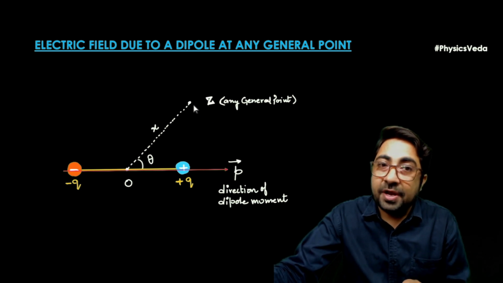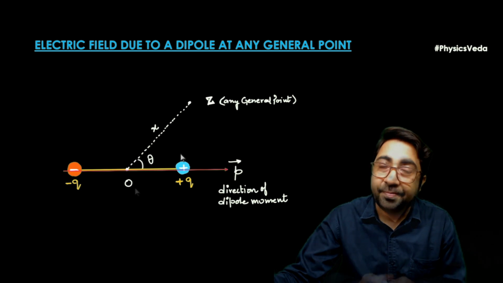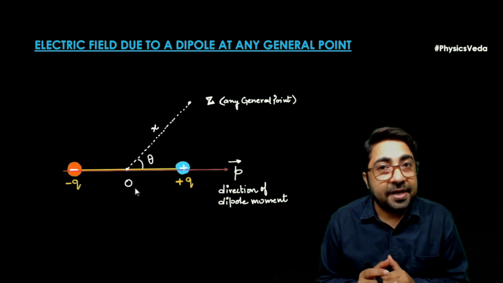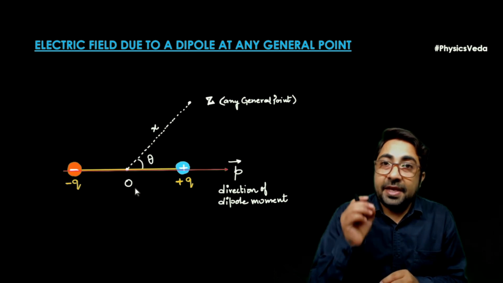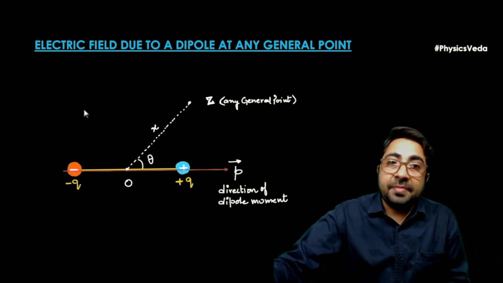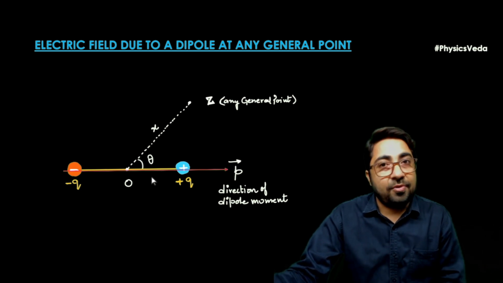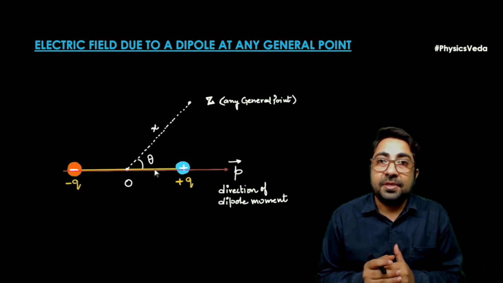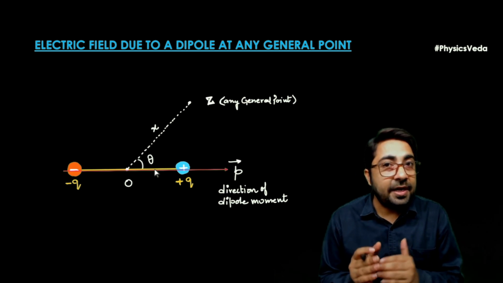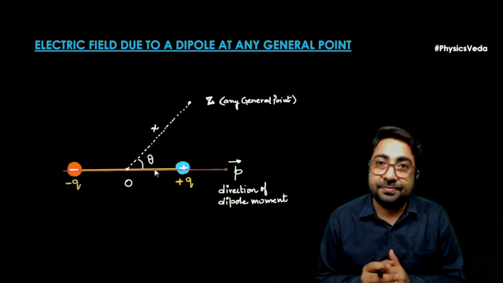And this Z point is separated from the center of the dipole by distance x. It is also clear from the diagram that this Z point, that is any general point, makes an angle theta from the axis of the dipole. We know that for an electrical dipole system, the direction of the electrical dipole moment is from negative charge to positive charge.